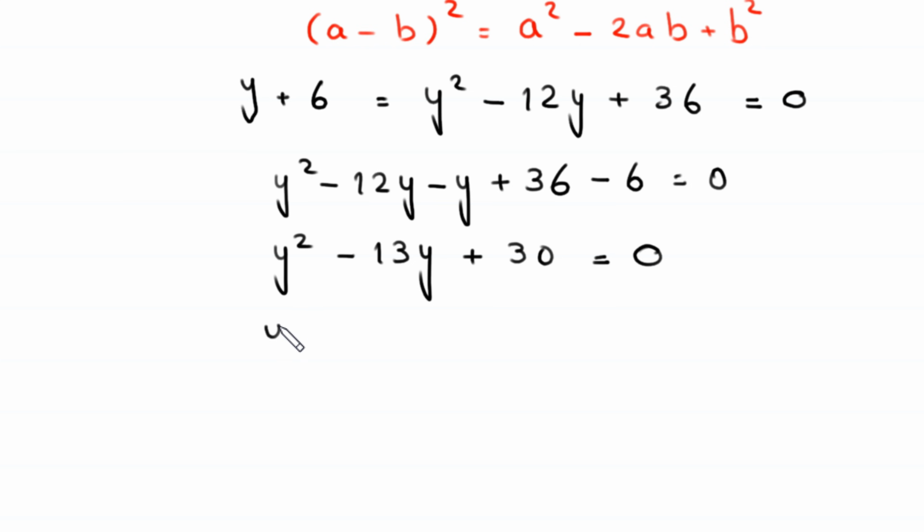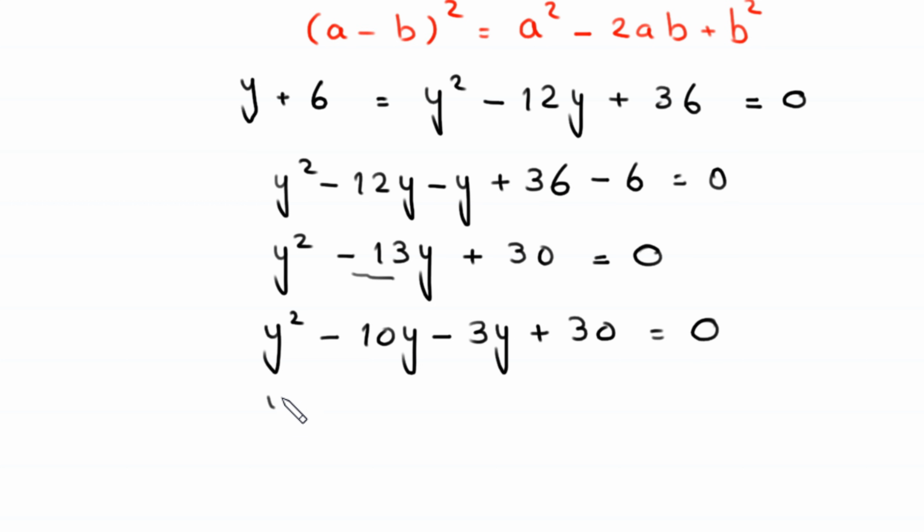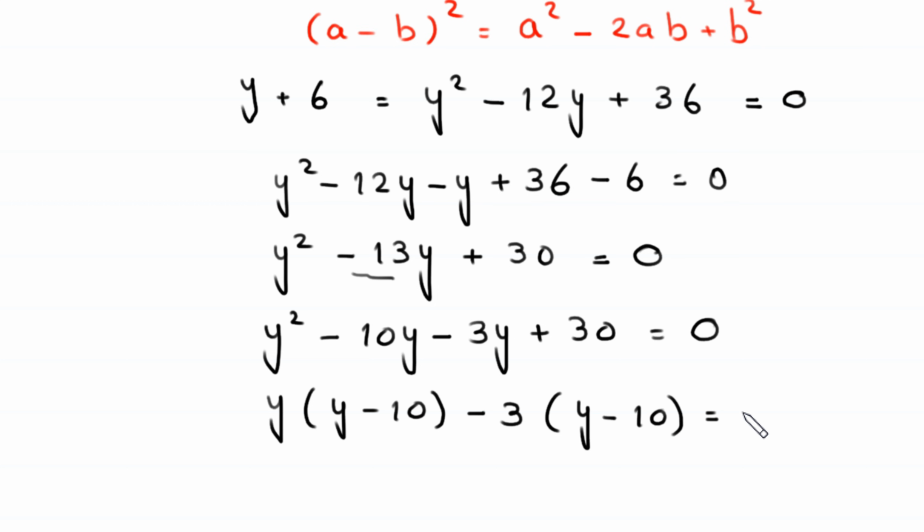We write this y squared, and we break this negative 13y into two terms, negative 10 times y minus 3 times y, plus 30 equal to 0. From these two terms we can factor out y. In bracket left y minus 10, and from these two terms we can factor out negative 3. In bracket left y minus 10 equal to 0.